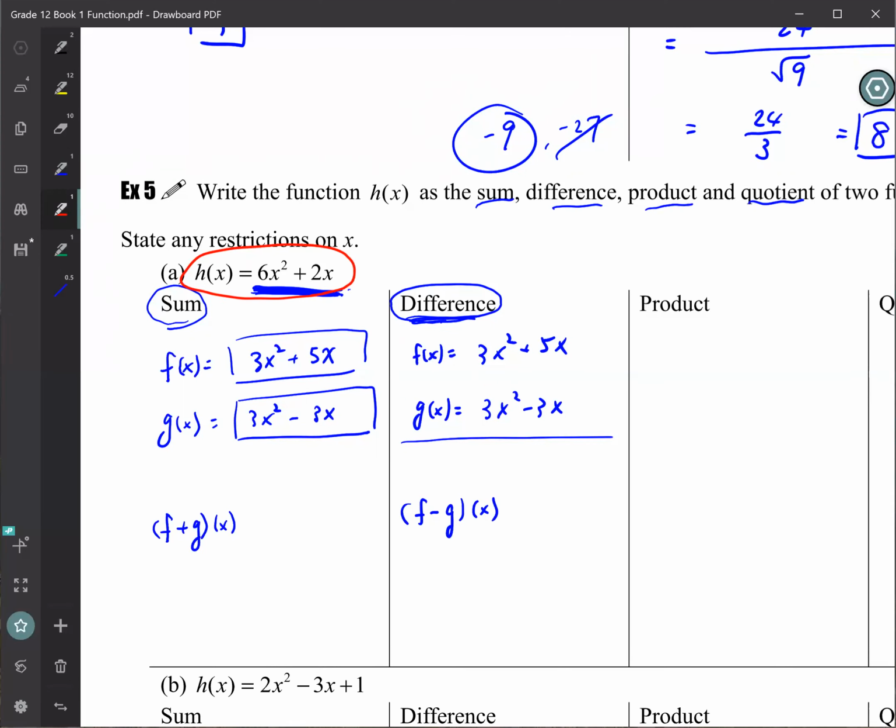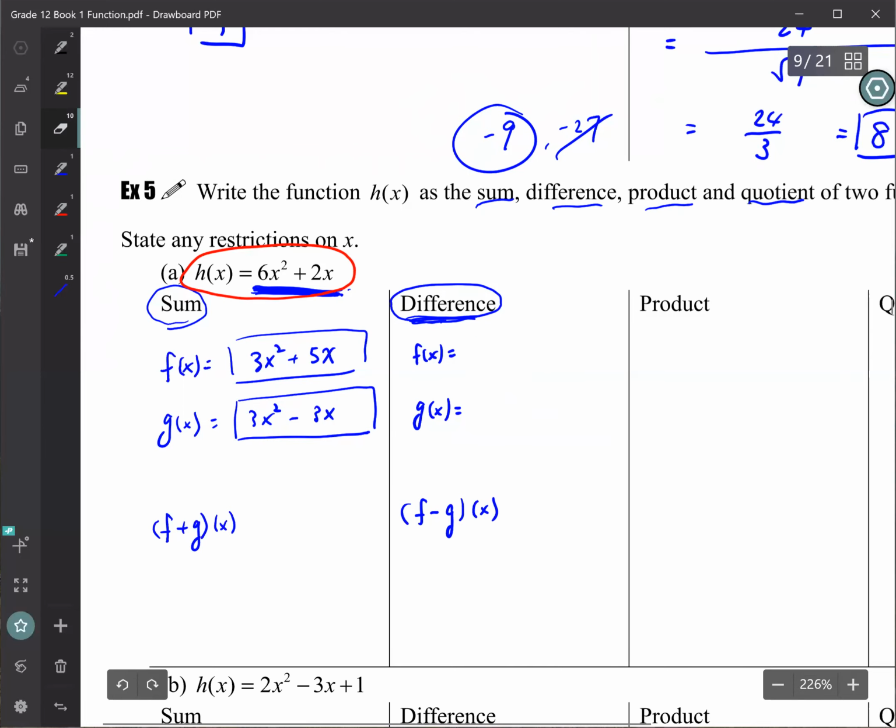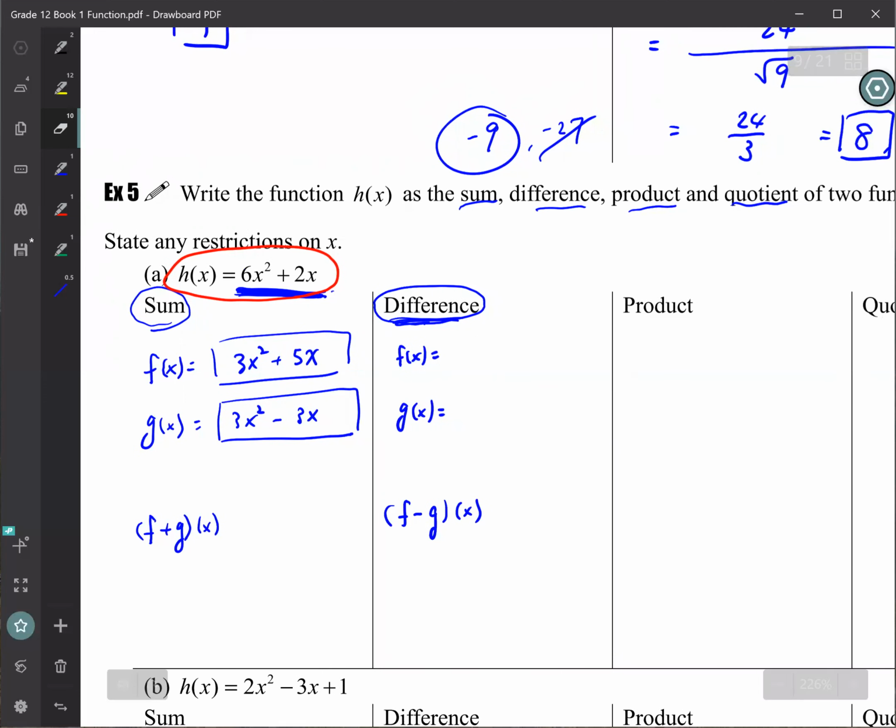In the homework, they give you two functions, and then you do adding, you do subtracting, right? You simplify. Now we are going back, trying to break it apart into two functions, okay? Understand what we're doing now? Yeah. Okay, so the answer won't be the same as the sum. So you try again, okay?